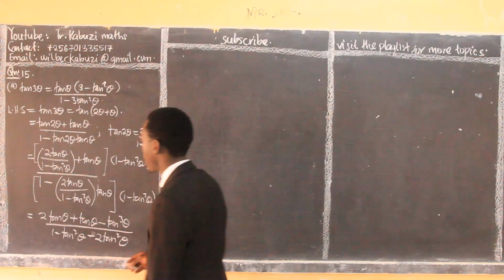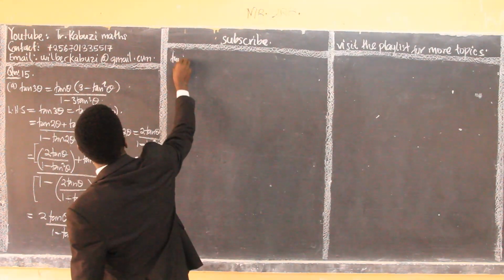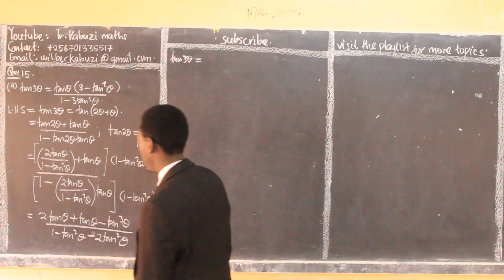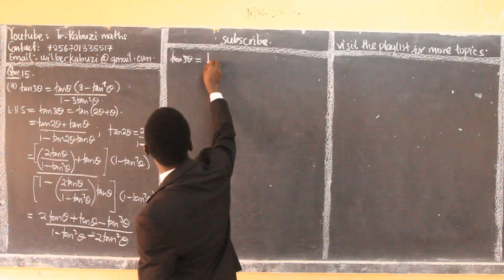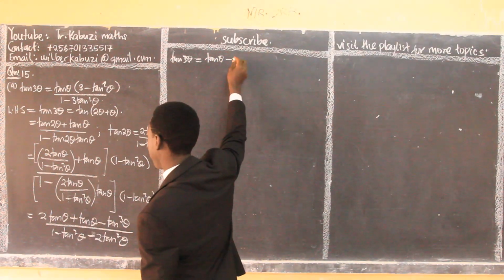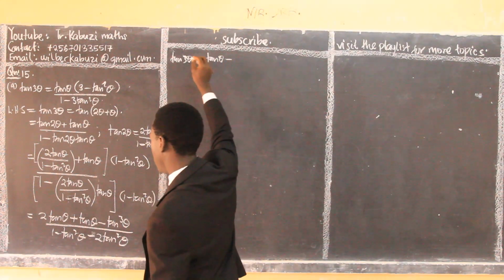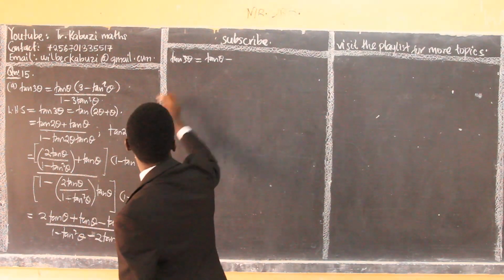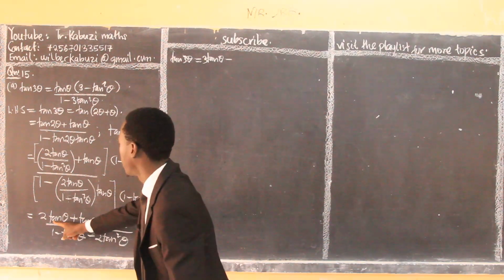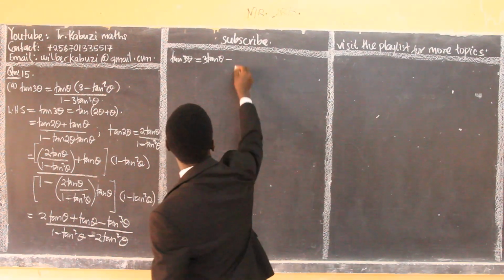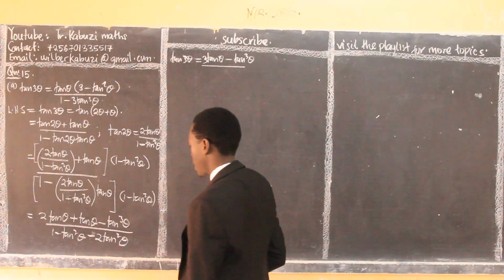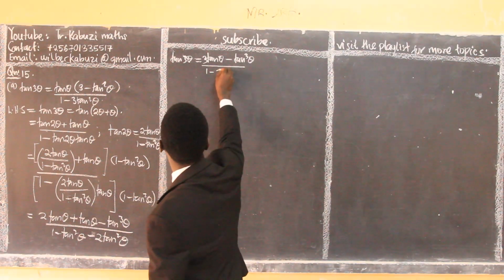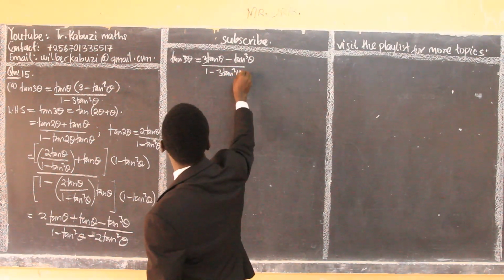Which when I simplify, I have tan 3 theta equals 3 tan theta minus tan cubed theta over the denominator, 1 minus 3 tan squared theta.